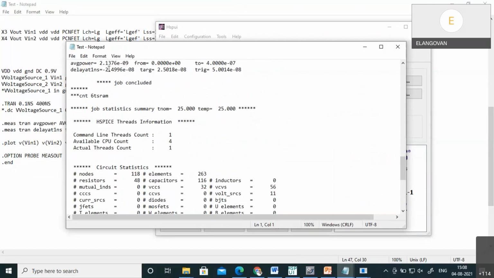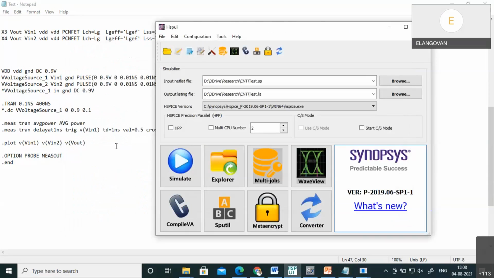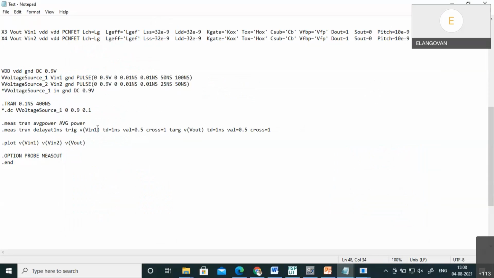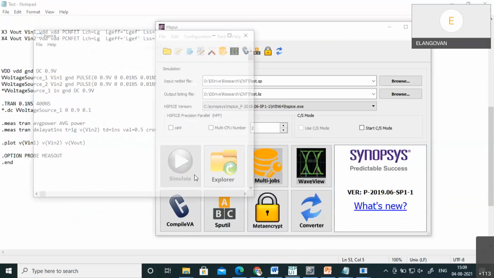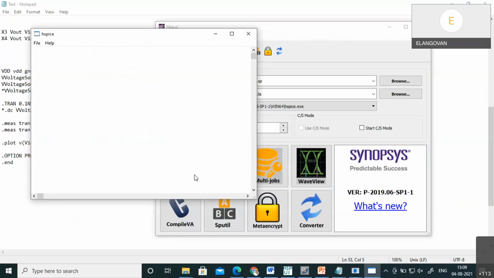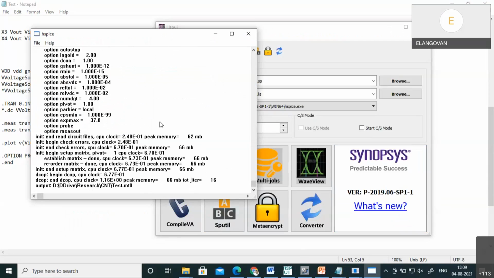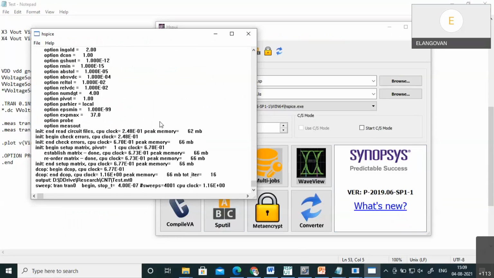Yeah, delay is coming. Negative value it's coming. Anyhow, it's not a negative value. It is 2.49. Or otherwise, let me check the delay between input 2 and output, input 2 to V out, what is coming.